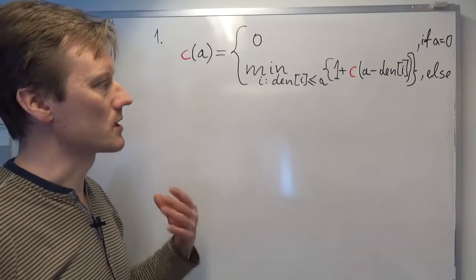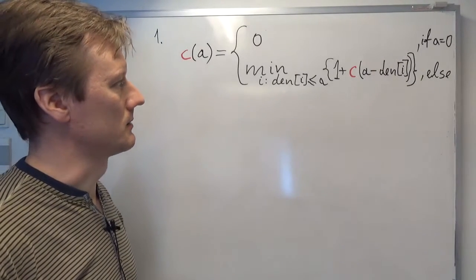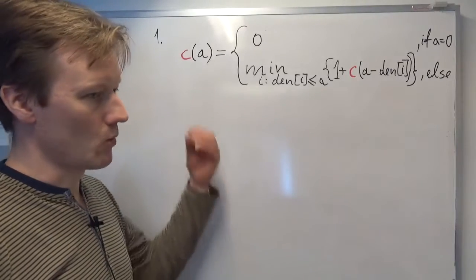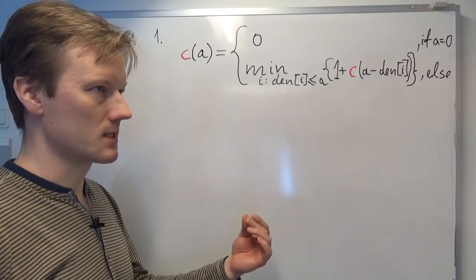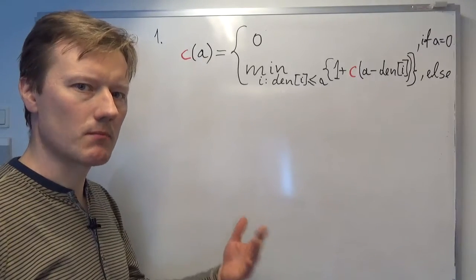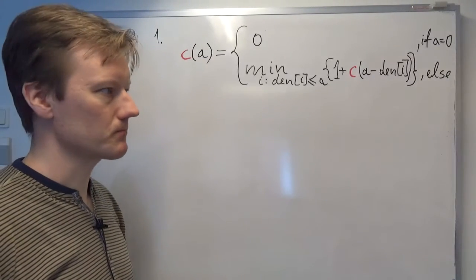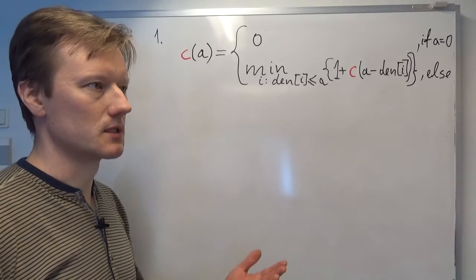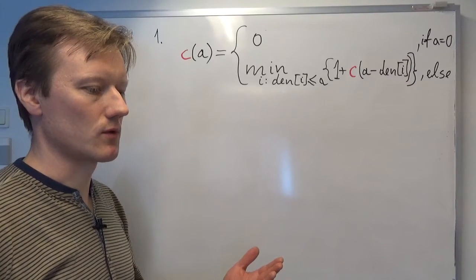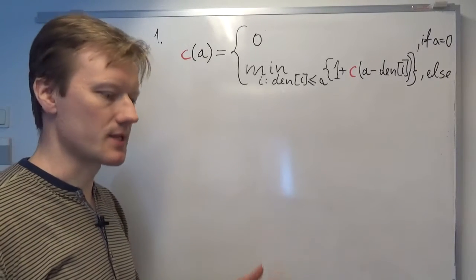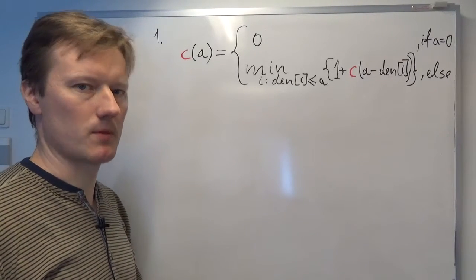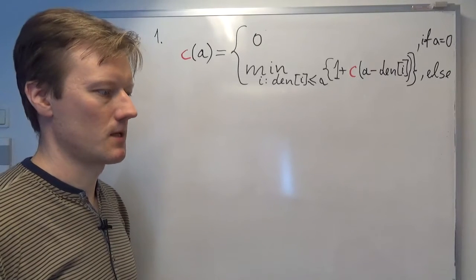So let's try to express this in terms of a recurrence. Once we choose some denomination, it means that we reduce the amount by that denomination, and we have another amount to change. But everything else remains the same about the problem, only the amount changes.